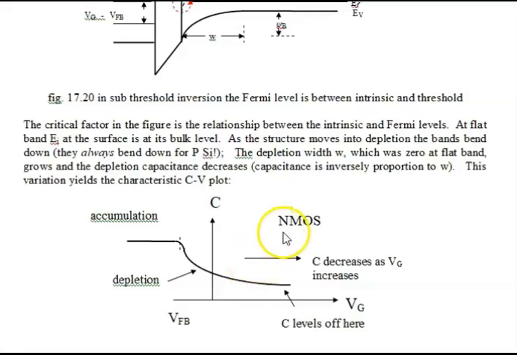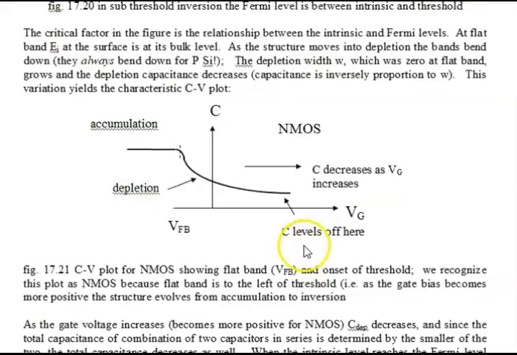And I've indicated this is an NMOS structure. So for negative voltages, generally we have accumulation. We always have accumulation for negative gate biases in NMOS with a P-type silicon. And again, what happens at threshold, this is going to jump up.